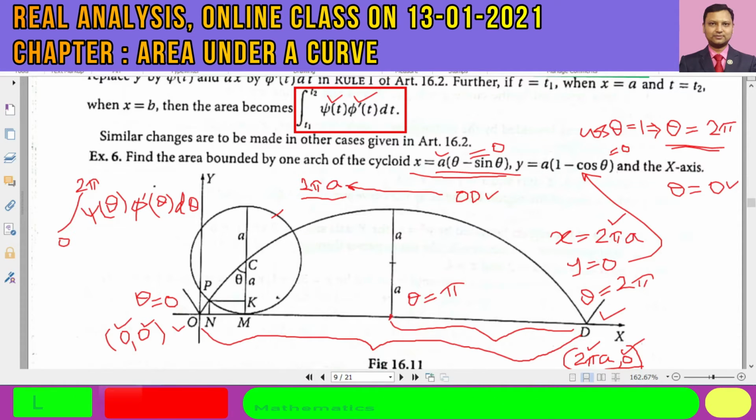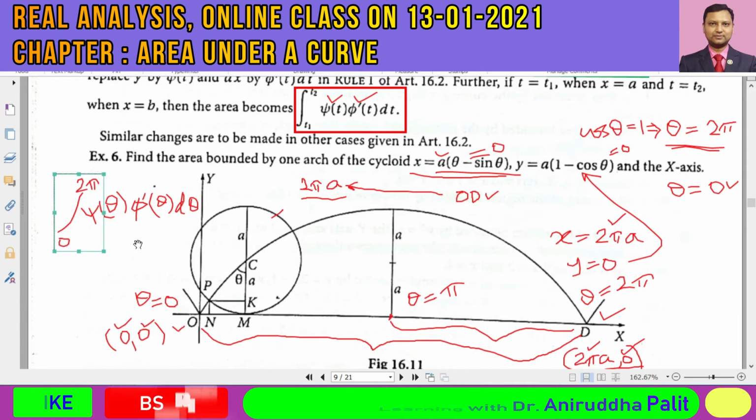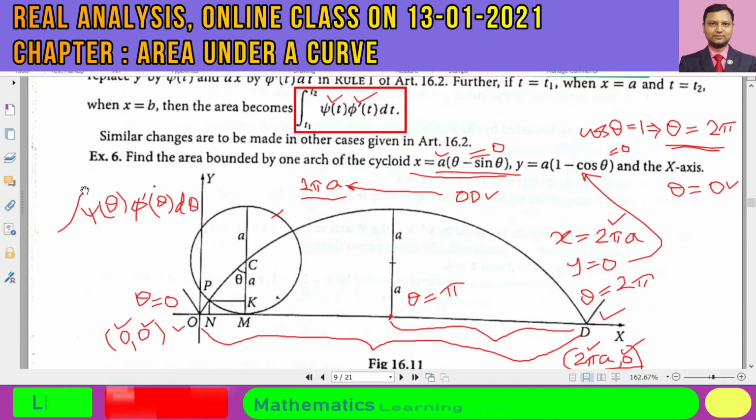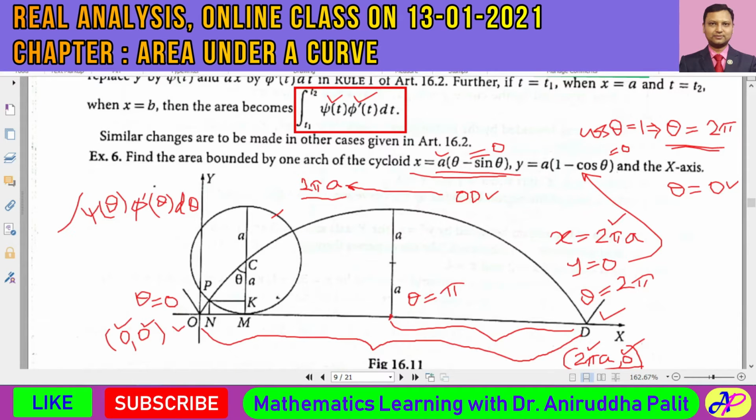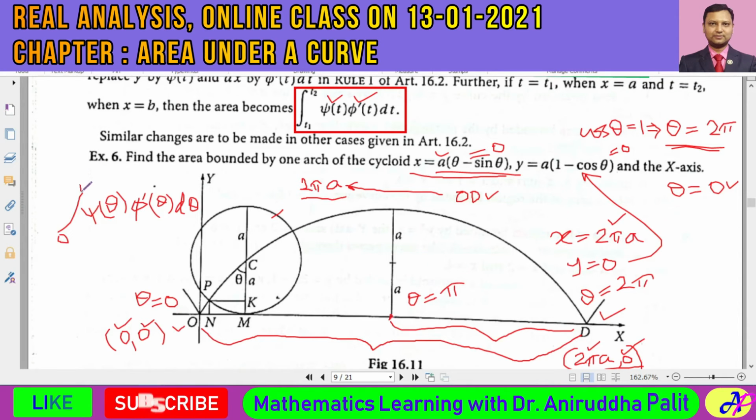That's why if we simply integrate this expression and just put integration from theta is equal to 0 to theta is equal to pi, got it?